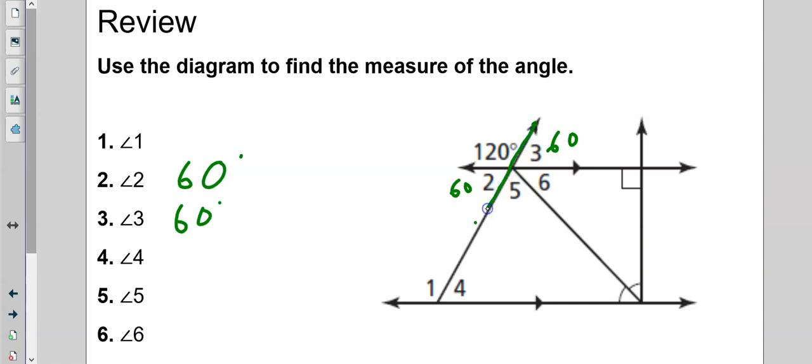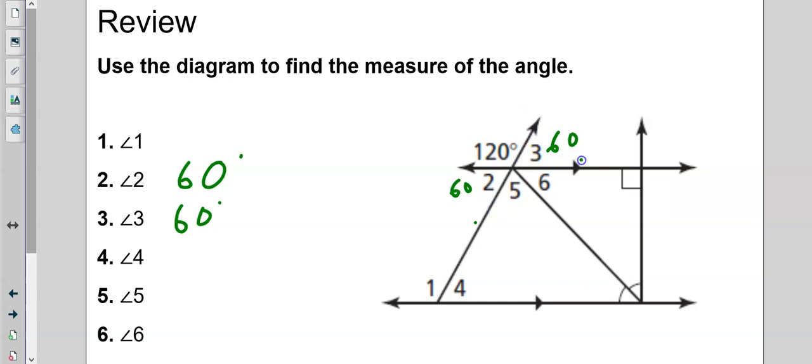You don't have an x here with a 6, or with the 120. It doesn't work that way. Or with the 5. It's the same drawing. You don't have vertical angles there. So those are not vertical. Don't fall into that trap.